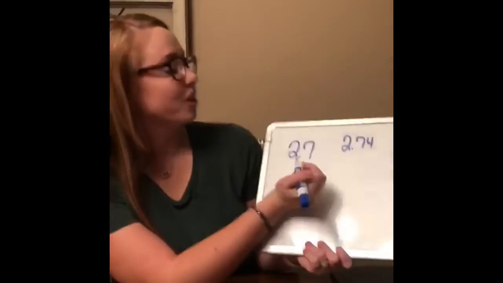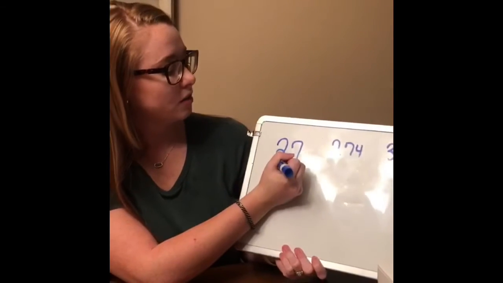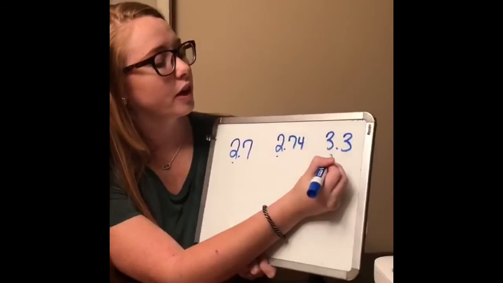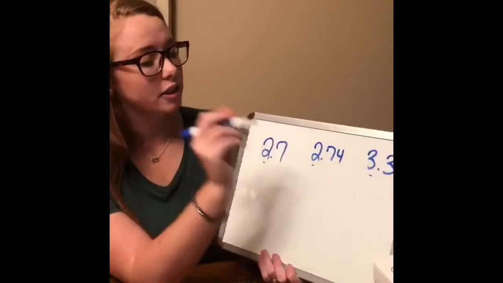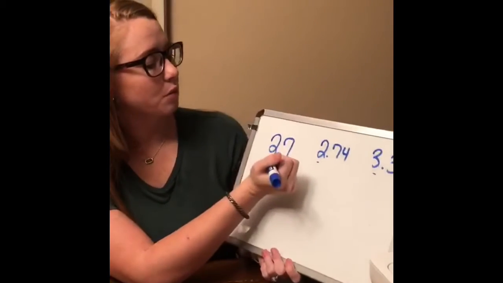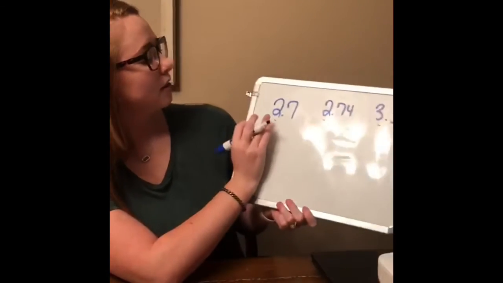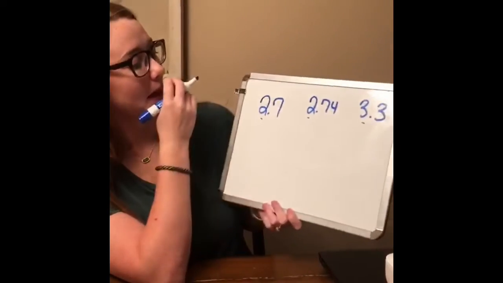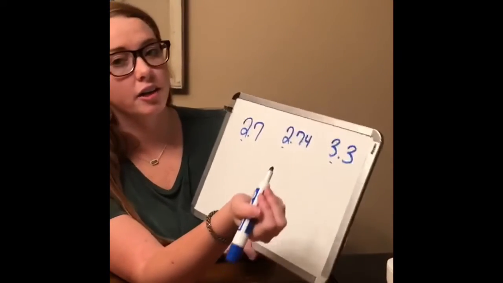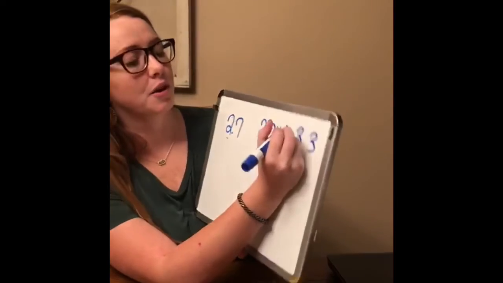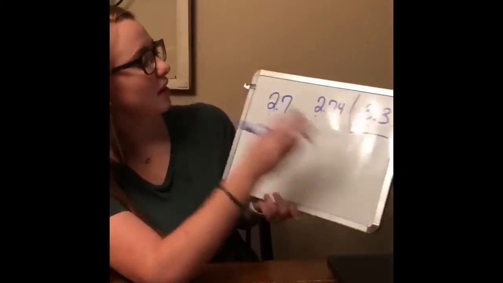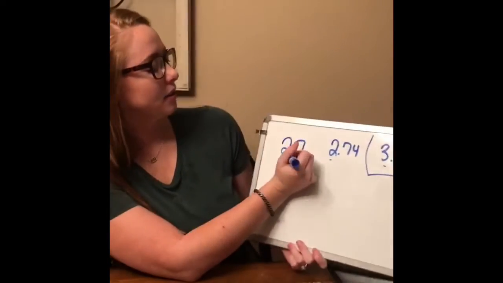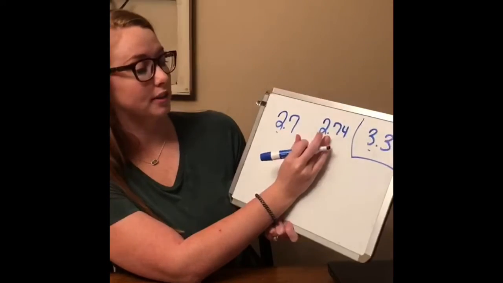Again, look at the first number, 2, 2, 3. Since we are doing least to greatest, we will look at the first number. And since we already know 3 is greater, we will save that one for last, so put that one over here. But you noticed that 2.7, 2.74.